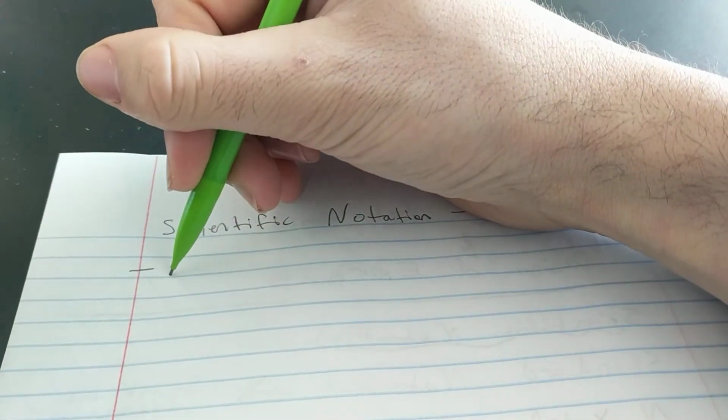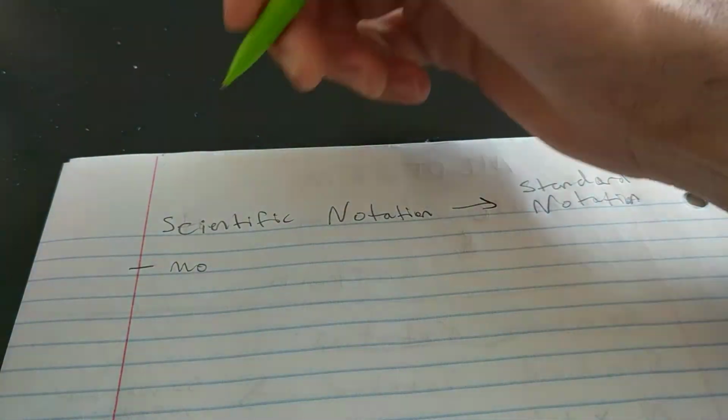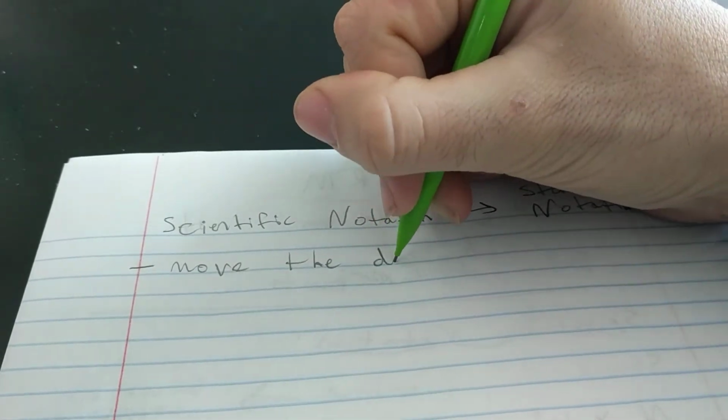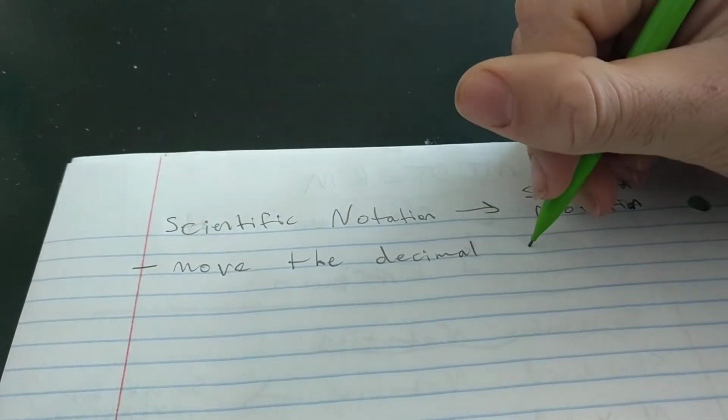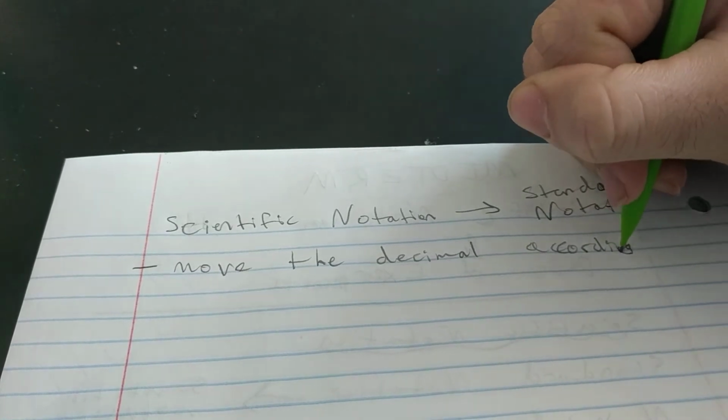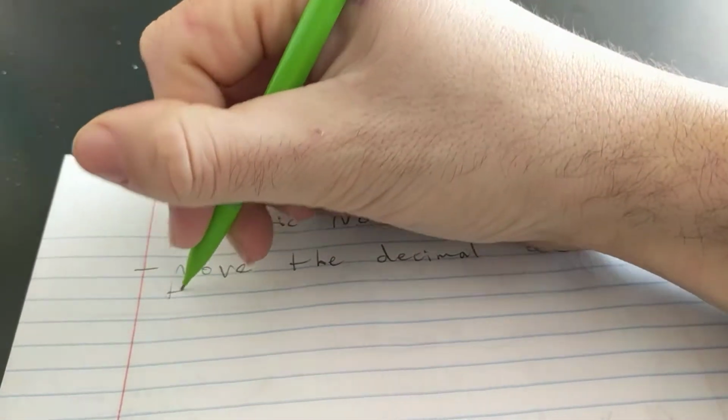Basically what you need to do is move the decimal according to the exponent.